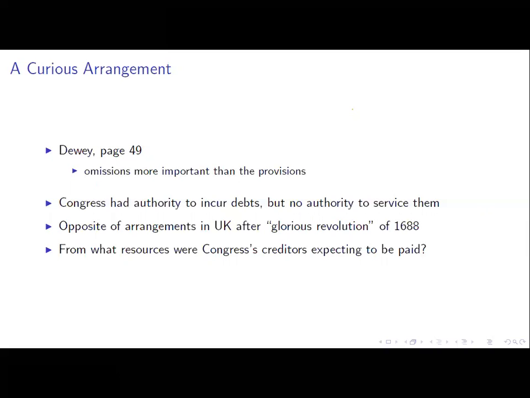If they think about it from the point of view of the state governments, they say, well, I can either make sure that the government creditors in my state get paid, assuming debt of the Continental government, which I'll take credit for, and pay off my own citizens, or I can send money to the central government in Philadelphia, which is going to pay off the creditors from other states.